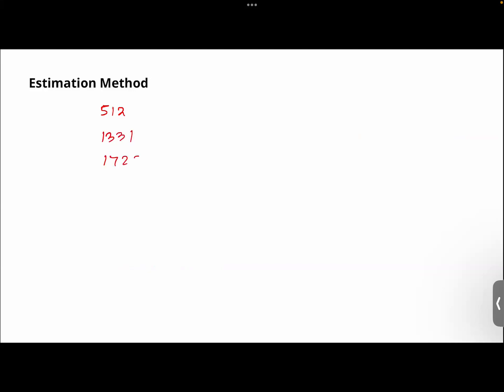These are all perfect cubes, so their cube roots can be found using the estimation method. But you don't have to study that in detail because you won't get to solve problems based on estimation methods. You will only be using the prime factorization method and a pattern method, which I will tell you in a moment.